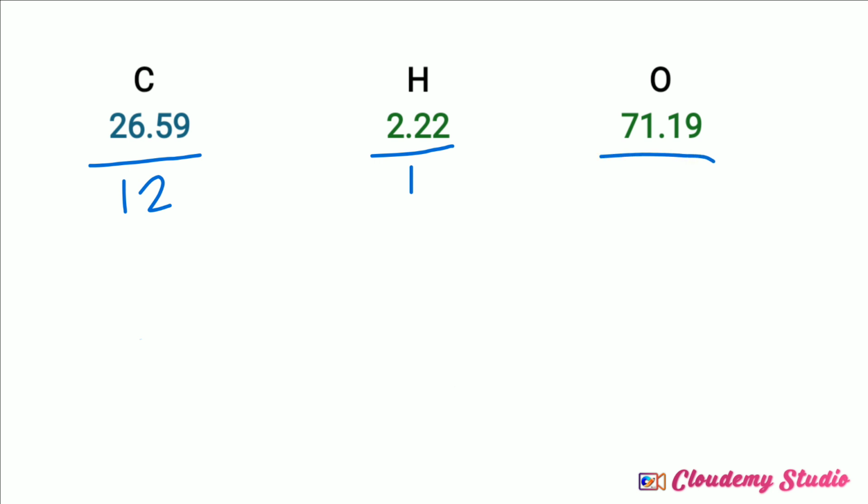Oxygen is divided by 16. If we divide, carbon we will get the result 2.22. Hydrogen we will get the result 2.22. Oxygen we will get the result 4.44.